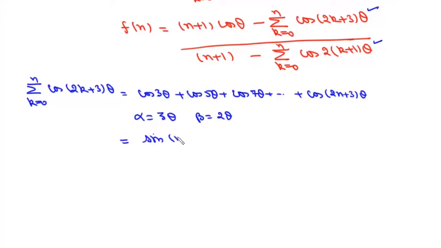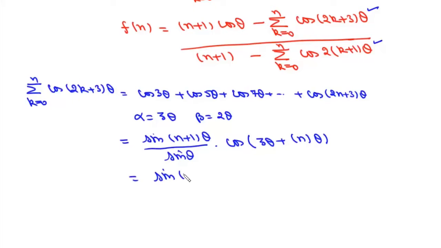Here the number of terms is n plus 1 and beta by 2 is theta, so the denominator is sine theta, into cos(3 theta plus n into theta). So it will be sine(n plus 1)theta into cos(n plus 3)theta whole divided by sine theta.